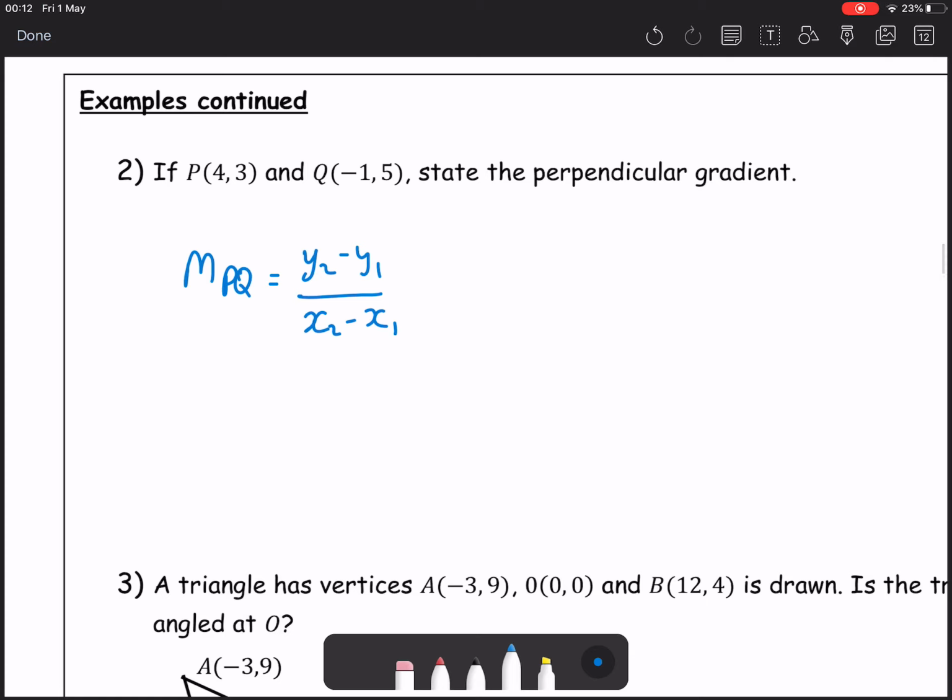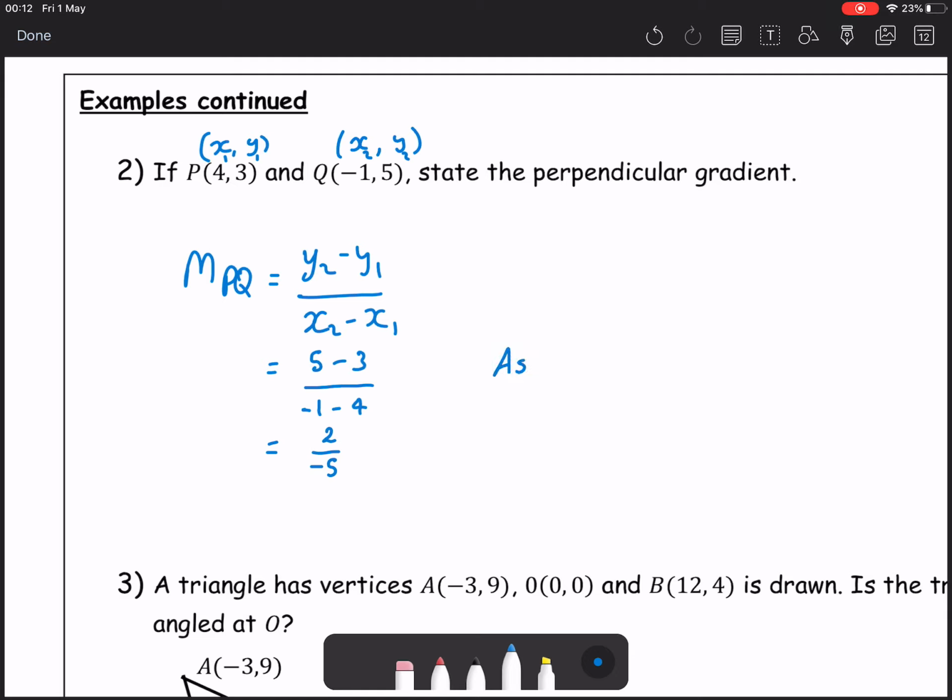So again, x and y for the first point, x and y for the second. 5 minus 3 is y2 minus y1. And minus 1 minus 4 would be 2 over minus 5. So that's the gradient of PQ.